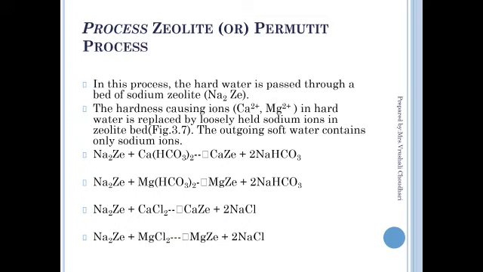We will see what exactly happens in the reaction. In this process, the hard water is passed through a bed of sodium zeolite represented as Na2Ze. When it is hard water which is having Ca2+ and Mg2+, it is passed through the zeolite, what will happen?